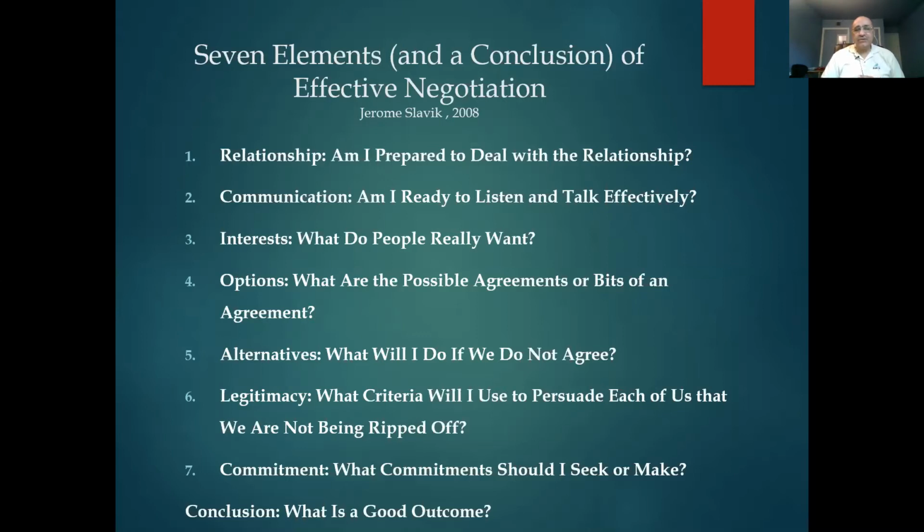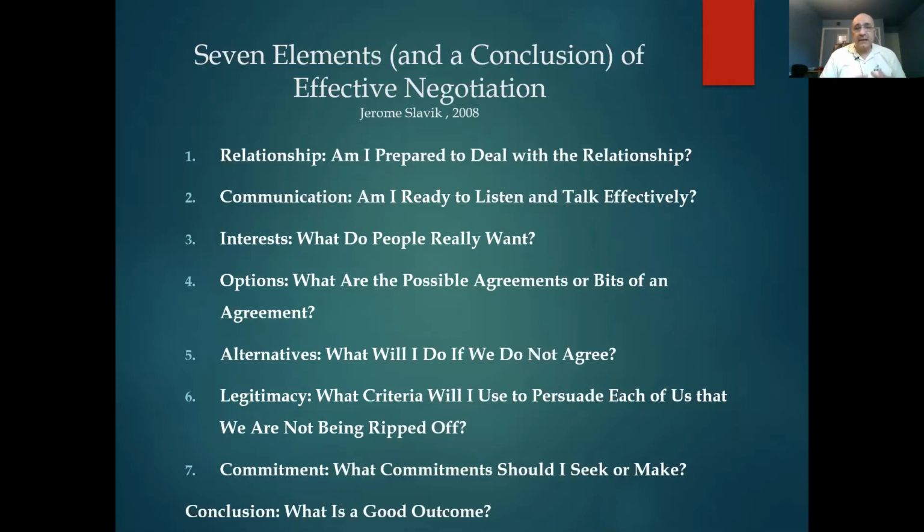Now, in terms of the 8 elements, number one is relationship. The question here is how much are you going to handle the relationship dimension of negotiations? It doesn't always have to be long-term, but even if it is short-term, you have an immediate relationship happening between you and the person you are negotiating with. How are you going to make sure that this relationship is positive and healthy, as short as it may be?